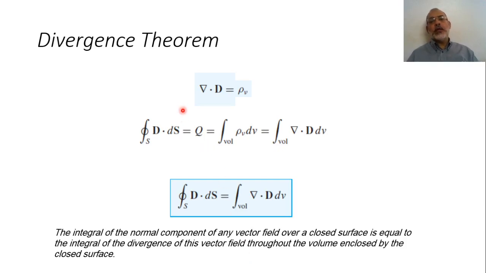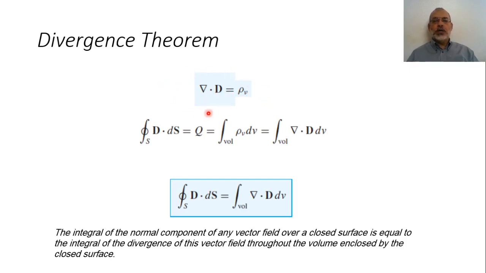Now let us go back to Gauss law in differential form, or the first Maxwell equation. We said that nabla dot D equals rho v, or it can be read as the divergence of the electric flux density equals the volume charge density.